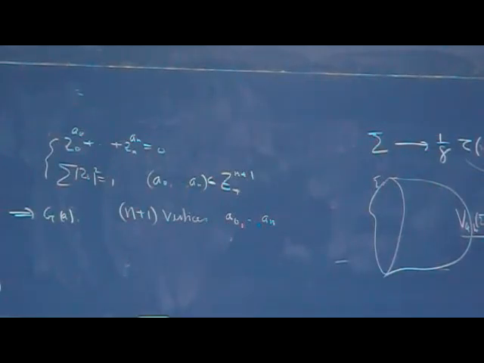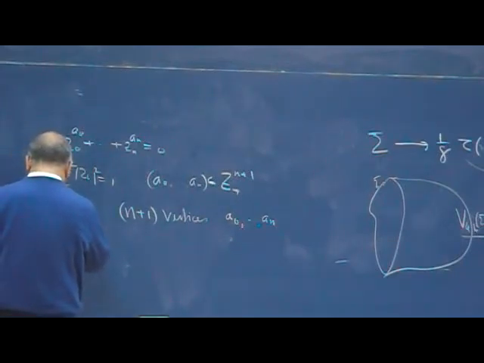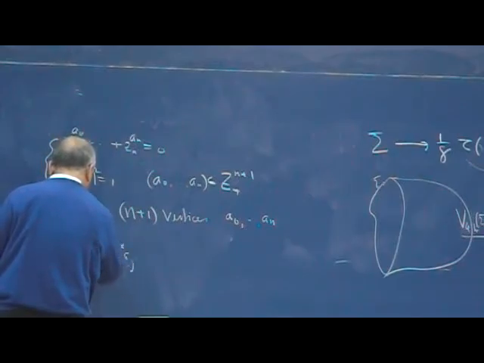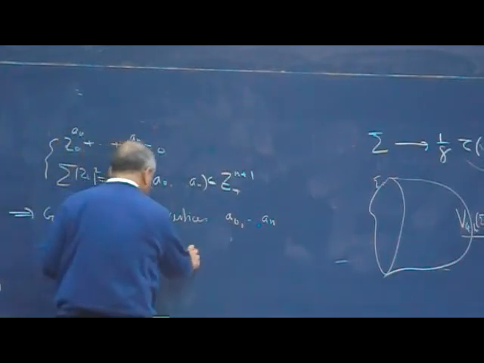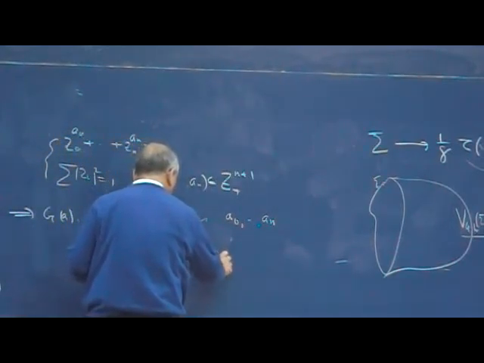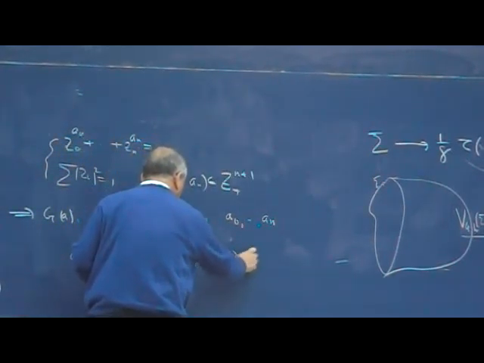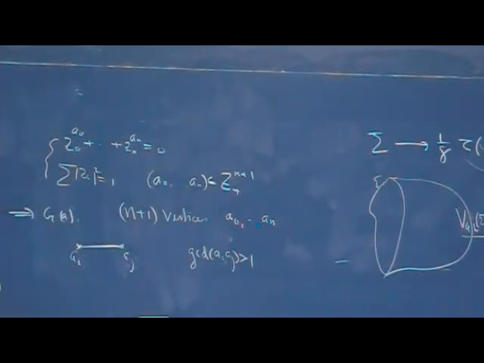So I get n plus 1 vertices. And I look at the following thing: a_i and a_j can be joined by one edge only if the GCD of a_i and a_j is bigger than 1, which is a common divisor between a_i and a_j. Then I join them by an edge. Otherwise, we don't join it.